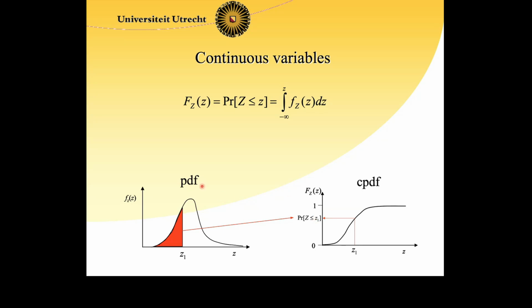So the density function and the cumulative probability distribution function are related in that the cumulative probability distribution function is the integral from minus infinity to z of the probability density function. The other way around, if we want to get the probability density from the cumulative probability distribution, we take the derivative. So the derivative of the cumulative probability distribution function is the probability density function.